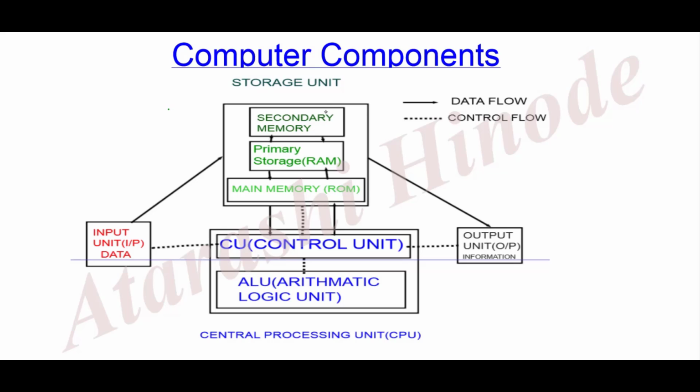The secondary memory in the storage unit is nothing but the regular HDD, the internal storage itself. Then the primary storage is the RAM.